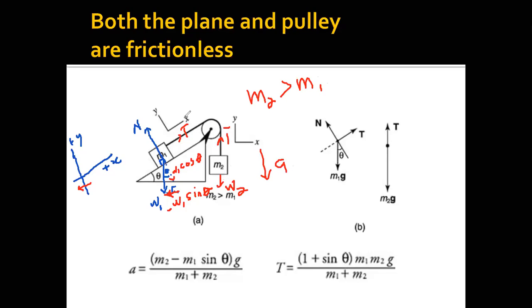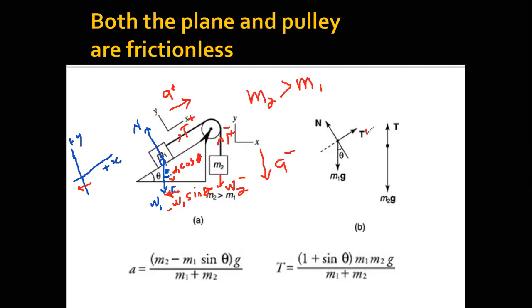And once this is going down, this system is going up. So A here is positive, tension will also be positive, and the W1 sine theta is negative.